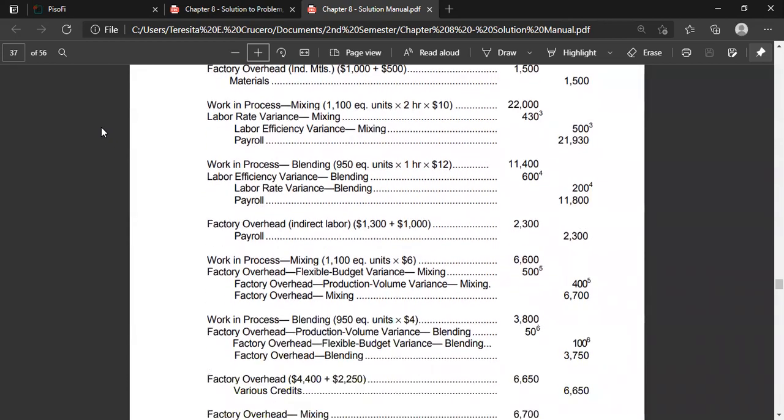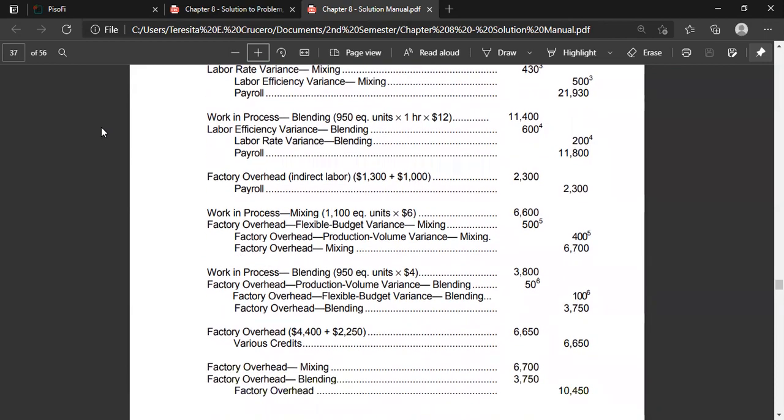Then here we debit work in process blending 950 times 4, where 950 is the equivalent unit of production. Debit factory overhead for the production volume variance in the blending. And we have factory overhead credit, flexible budget variance in the blending, and credit to factory overhead in the blending.